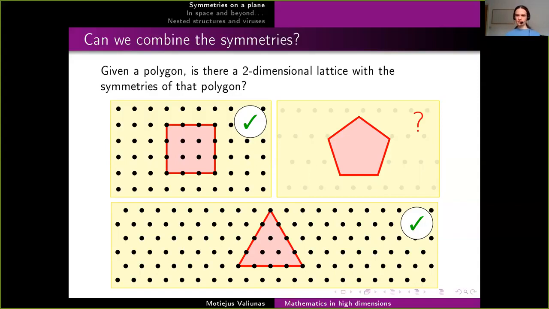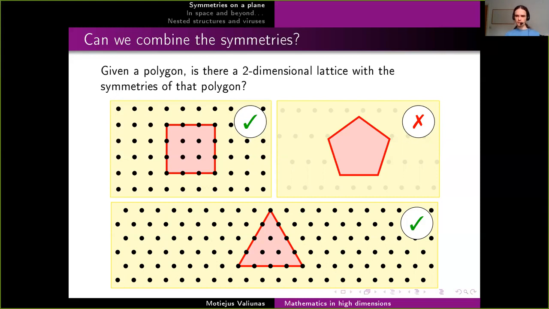But in the end, it turns out that we can't have anything like that. So to have some sort of nice arrangements with symmetries of a pentagon, we need to do some other constructions. And that's what we're trying to achieve.